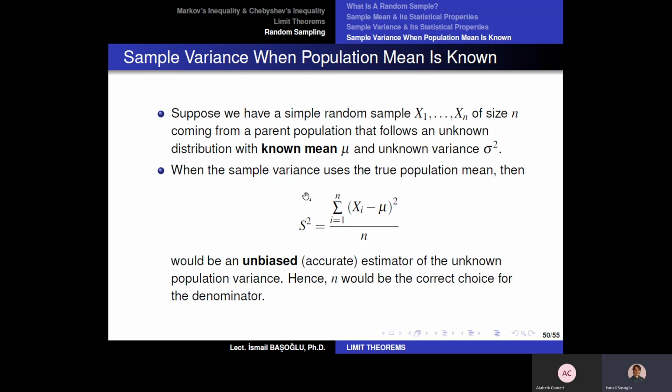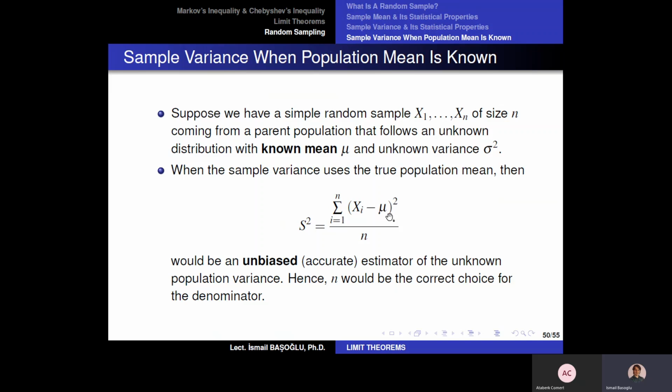In that case, if we want to make a prediction about the unknown variance sigma squared, we are going to estimate it with the sample variance. However, this time the sample variance is going to use mu instead of x bar. So when calculating the sum of squared deviations, the deviations are calculated with respect to the true parent population mean, because it is known.